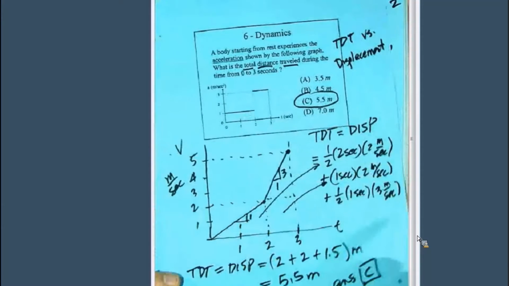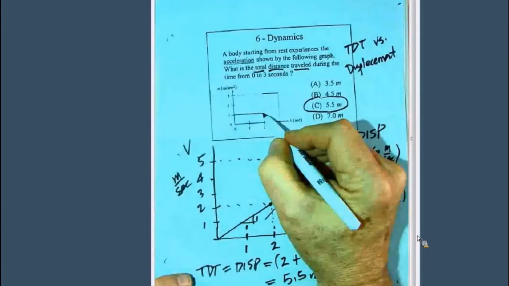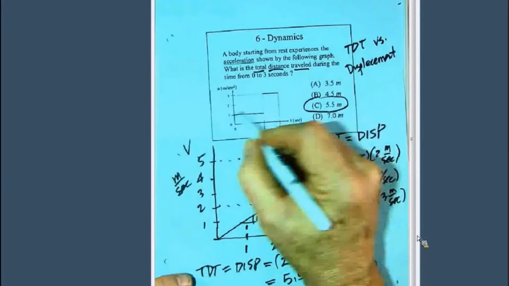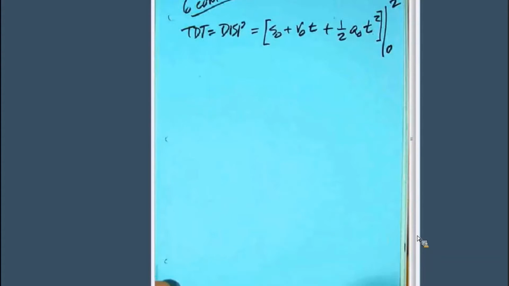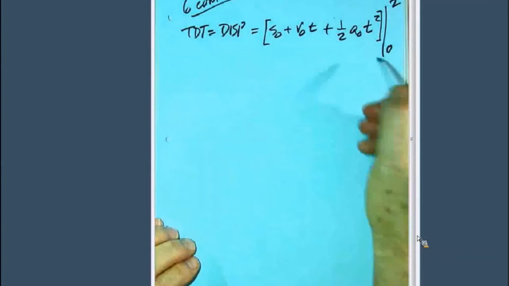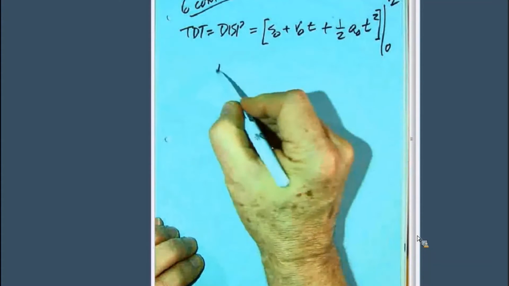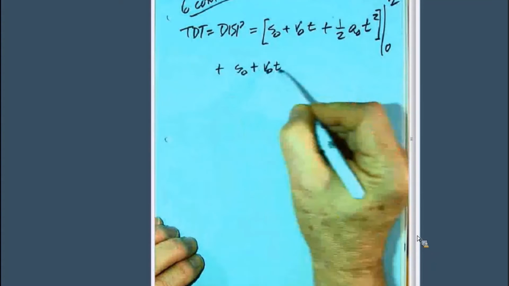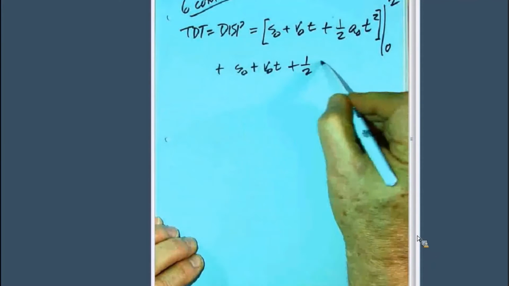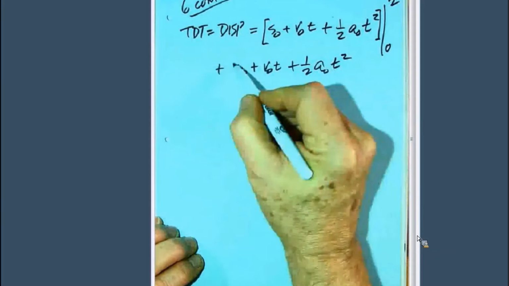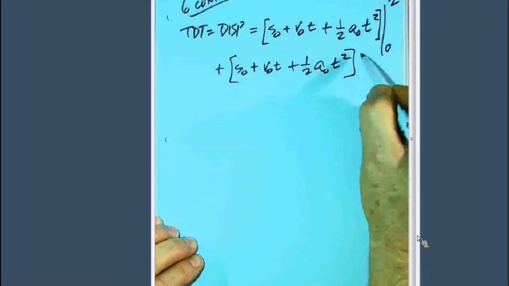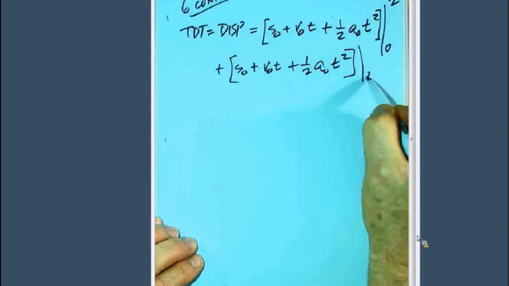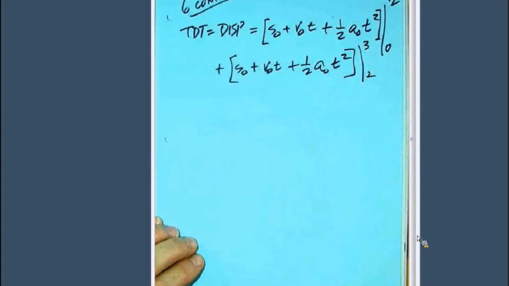But when we get to this point, we have some information based on what we've already done, and that's what you have to keep track of. So that's 0 to 2 plus S0 plus V0t plus 1/2 A0t squared, from 2 to 3. You can write it down nice and neat.